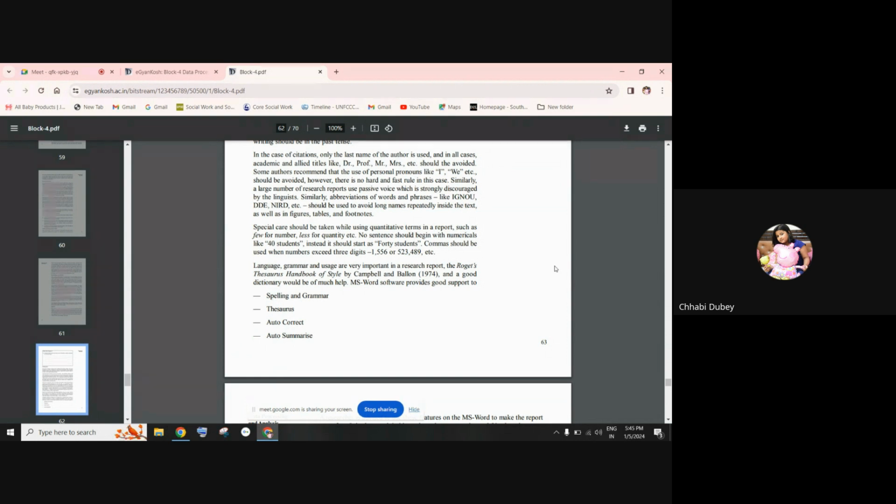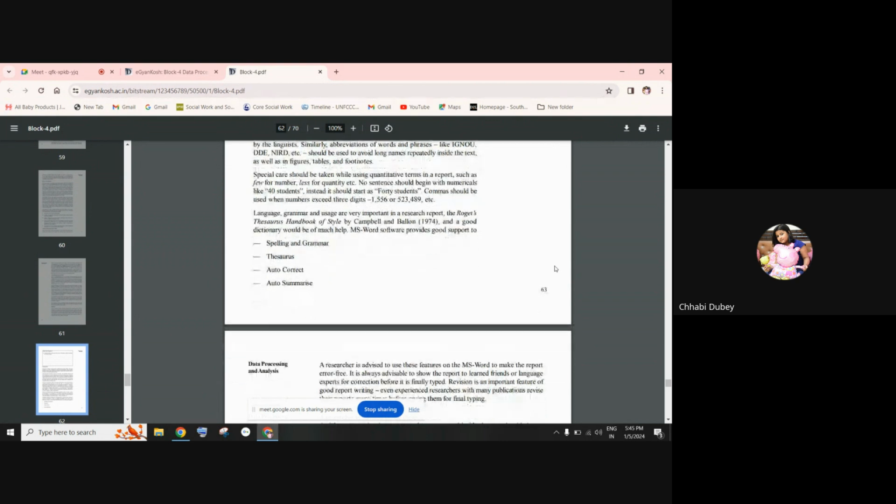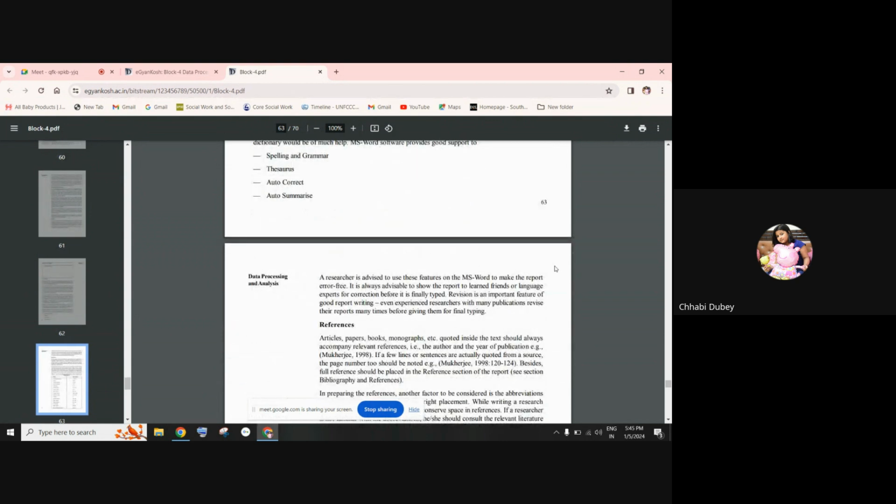There are certain other good programs like Grammarly. Then you can use autocorrect or auto summarize, thesaurus. All this software can be used in order to autocorrect your language, spellings and grammar. These features in MS Word itself should be used, and these are very much error free.